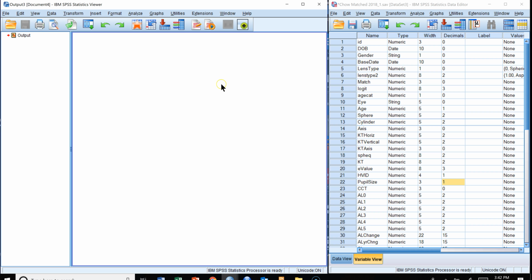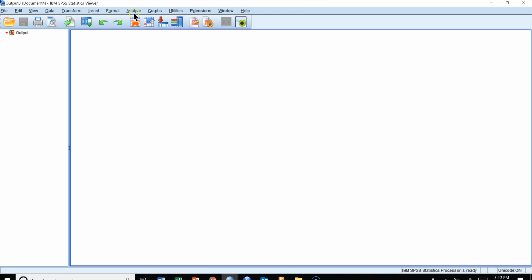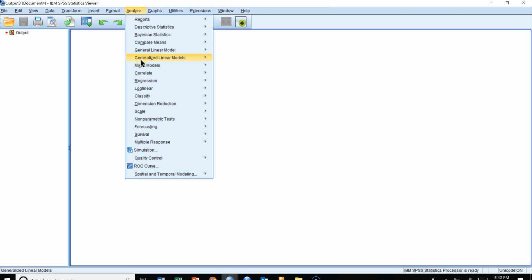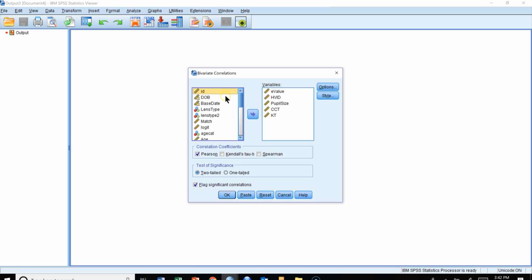Now the first thing we want to do is create a correlation table. And we want to correlate these variables, so let's go analyze, correlate, bivariate. We have E value, HBID, CCT, KT. Let's also add in here baseline axial length and 5-year axial length.